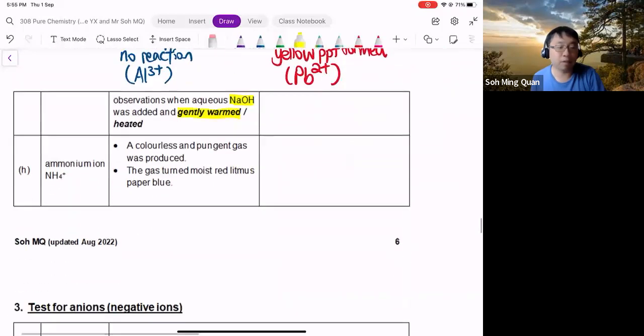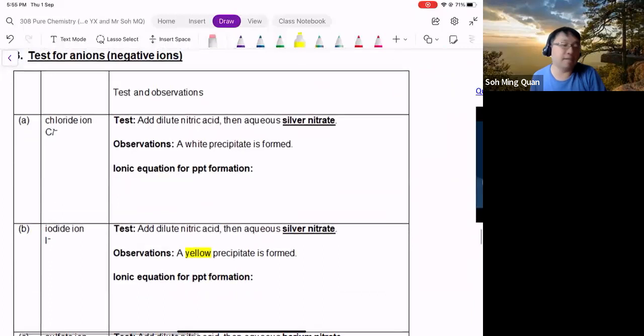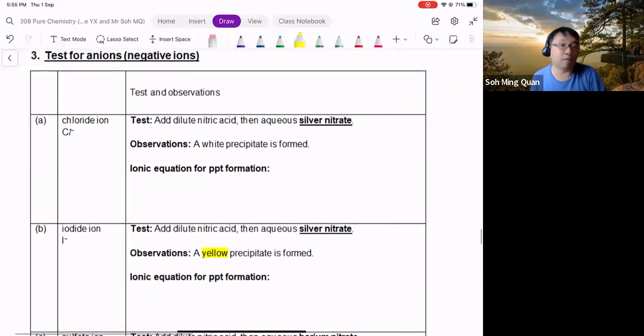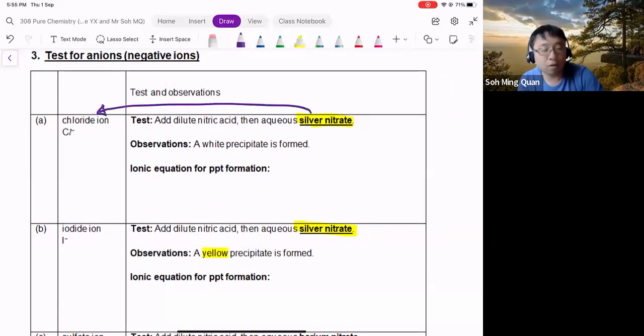All right. Now, the anions are slightly simpler, but may be confusing for some of you as well. Anions are negative ions. For example, chloride, iodide, sulfate. These are negative ions, right? A trick to learning this is to learn the test itself. Chloride and iodide are tested for using silver nitrate solution.